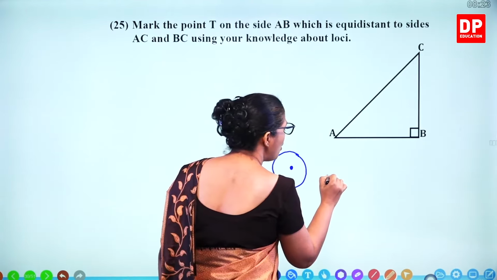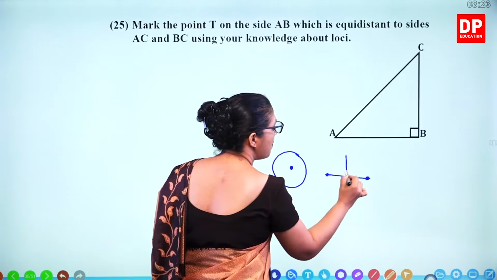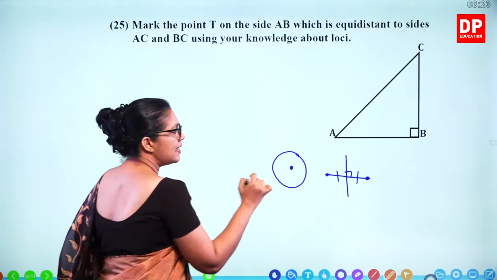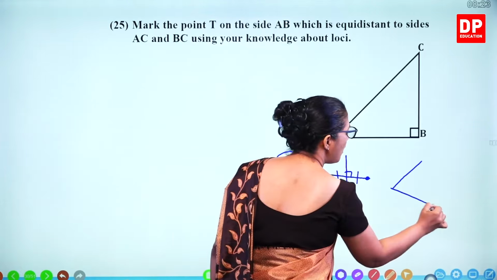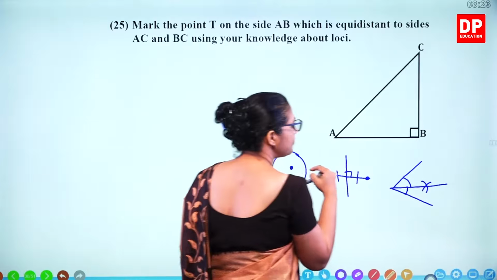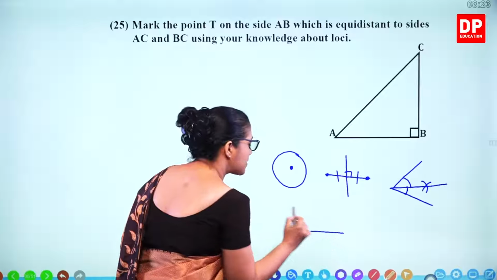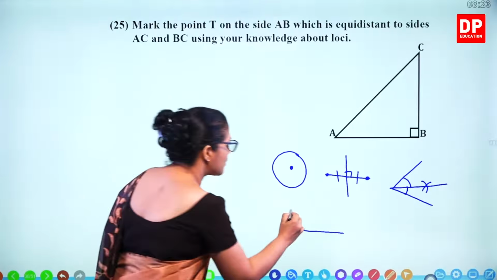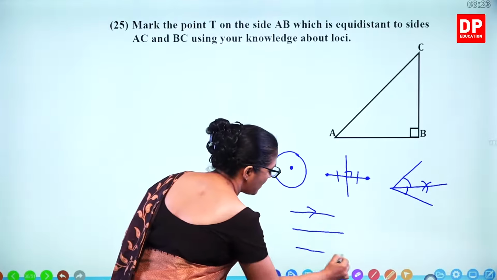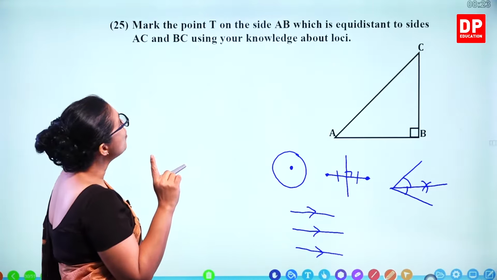Then what is equidistant from 2 points? That's the perpendicular bisector. Equidistant from 2 lines is the angle bisector. And last one, equidistant from a line is a line parallel to this line. So those are the 4 things that you need to know.